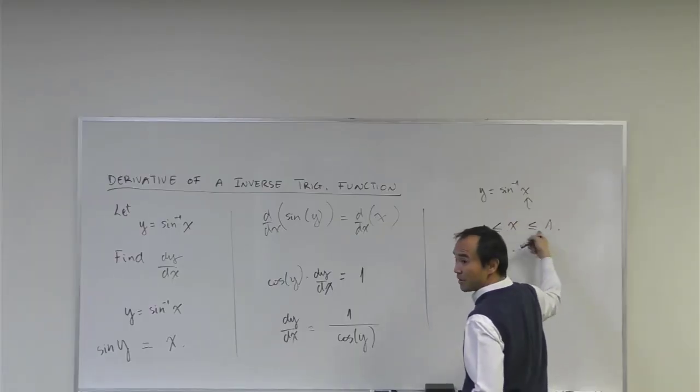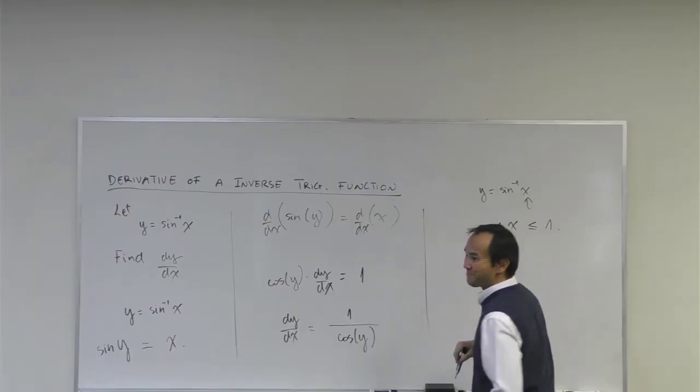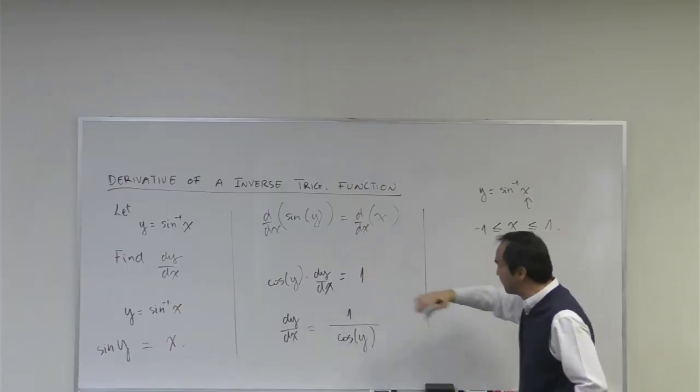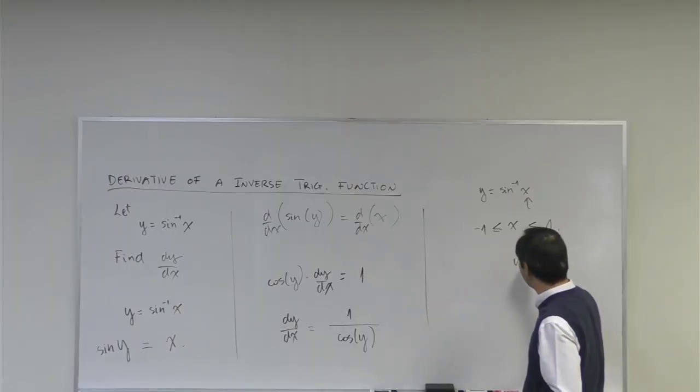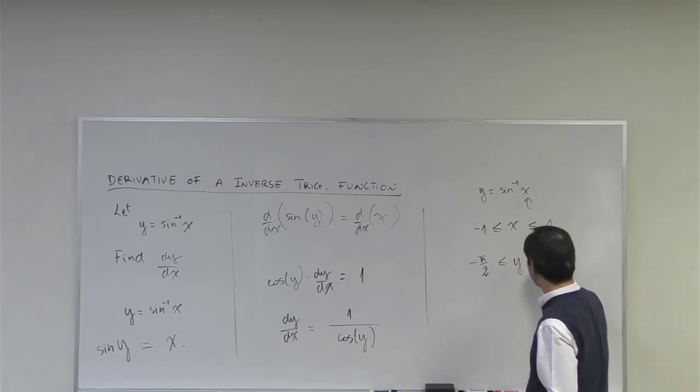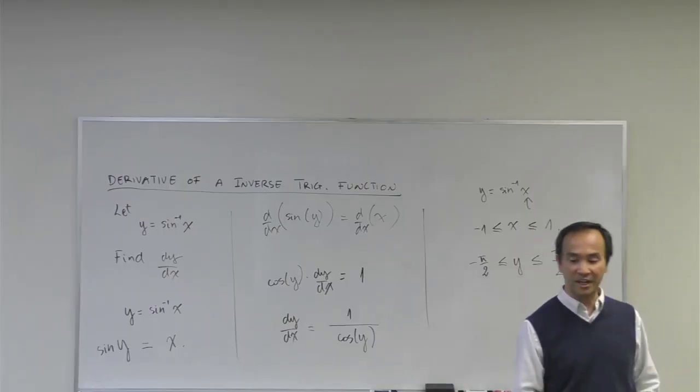Remember that is the input domain for your inverse function right there. And the y value, the output range for your inverse function, only comes out anywhere from -π/2 to π/2. That's something to know about your inverse trig function.